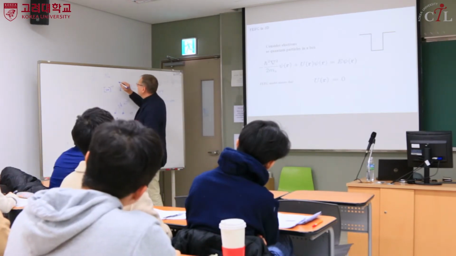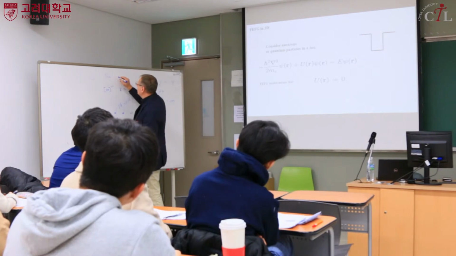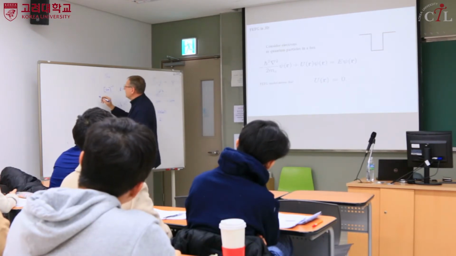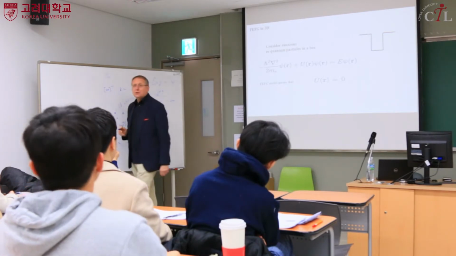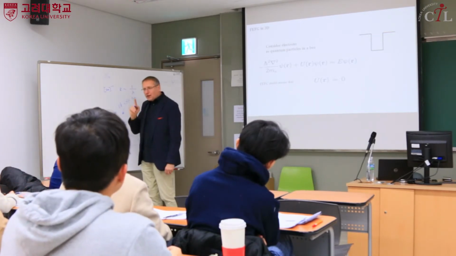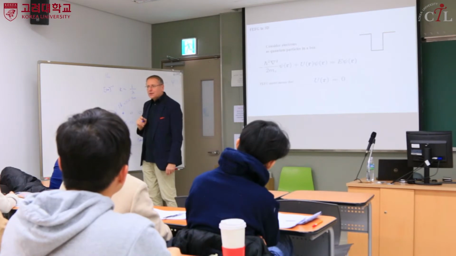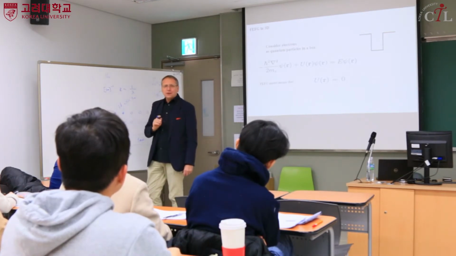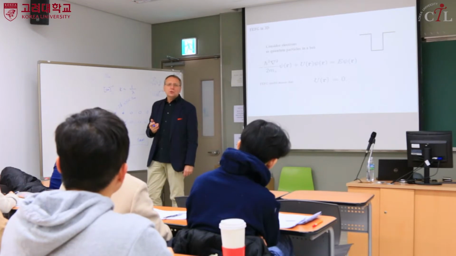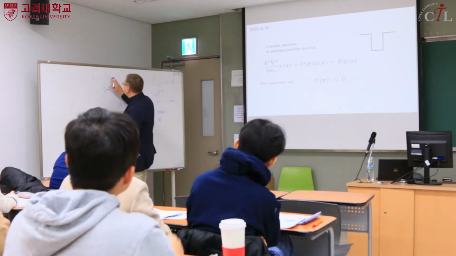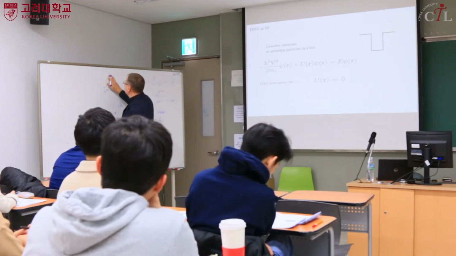How many atoms do we have in one mole? It's the Avogadro number, correct? You may not remember that. Actually, I remember, but I can pretend I don't. But is it a big number or a small number? Huge.